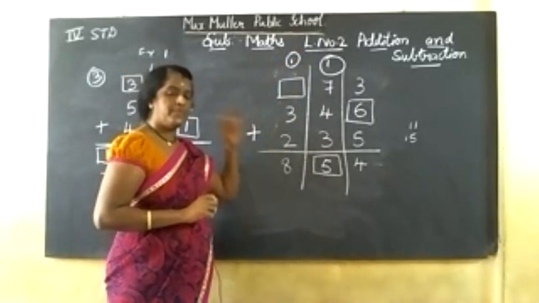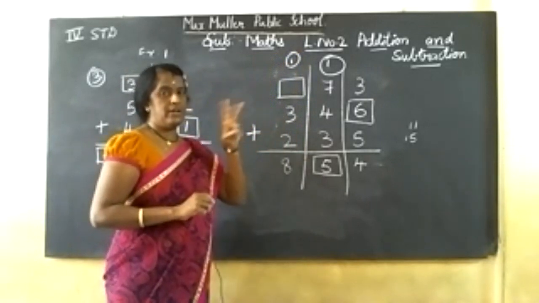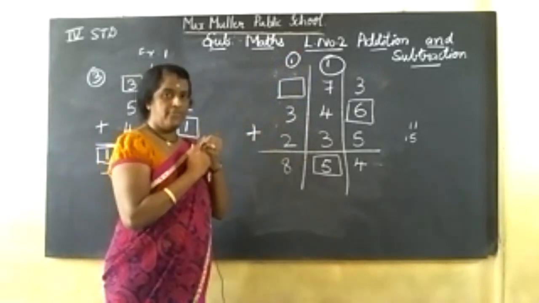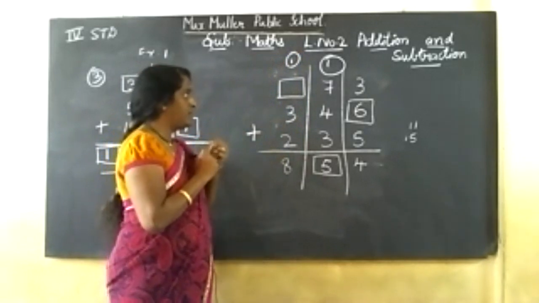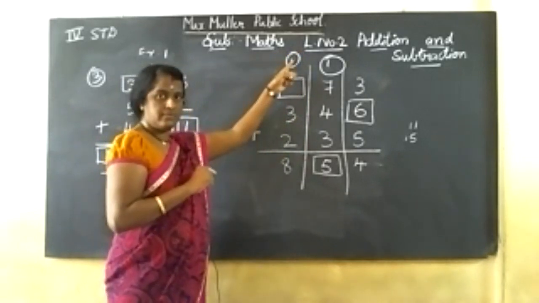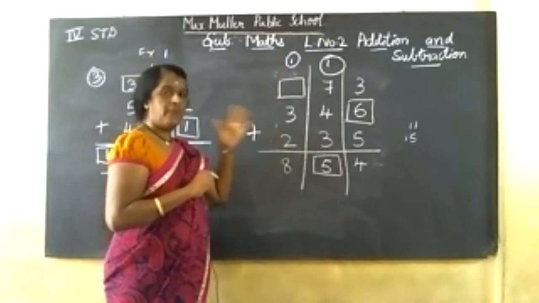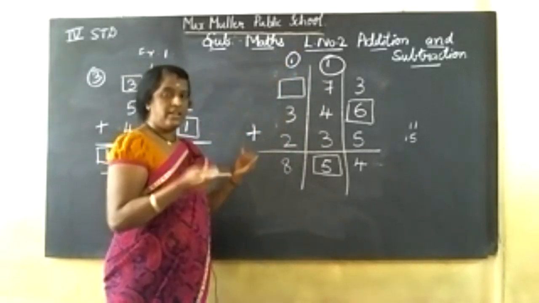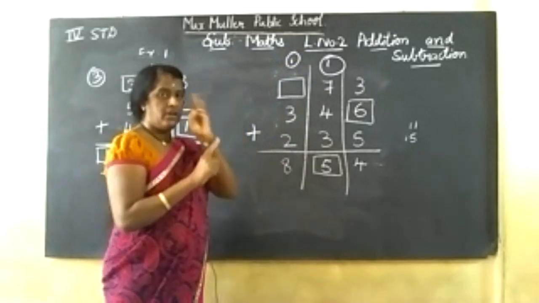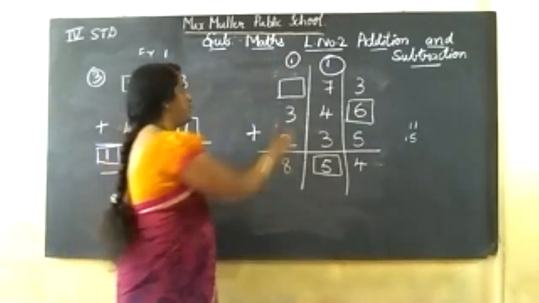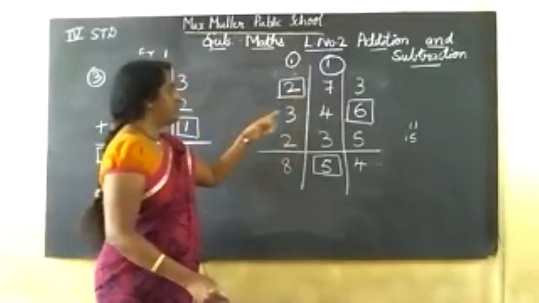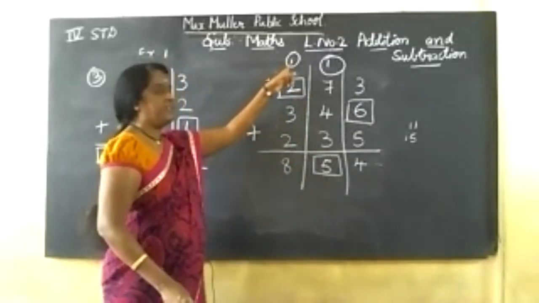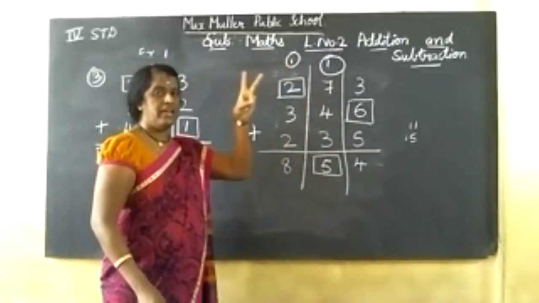3 plus 2, 3 in the mind, 2 on my finger. After 3, 4, 5, 6. See, 3 plus 2, 5, 6. I want 8. After 6, 7, 8. How much answer came? 2. See, 3 plus 2, 5, plus 1, 6, 7, 8.